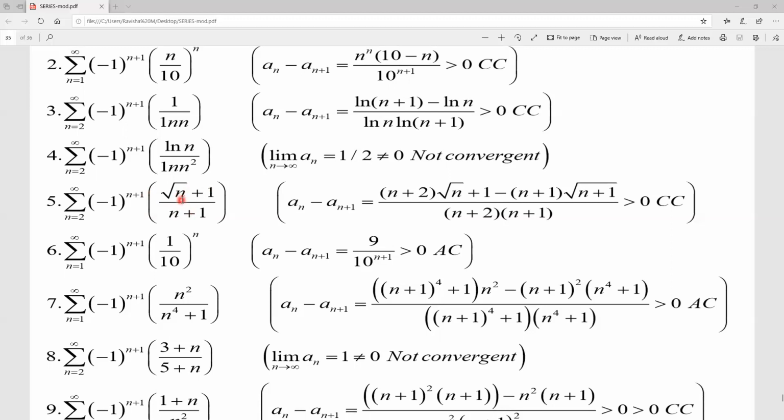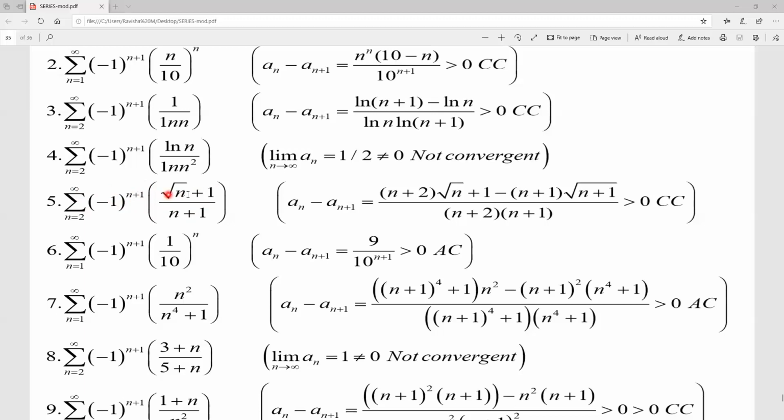The alternating series is convergent, but you have to see whether the series is absolutely convergent or conditionally convergent. Let us define the absolute series now. When you consider the absolute series, the series becomes sum of n equals 2 to infinity of square root of n plus 1 by n plus 1. Let us apply the comparison test to see whether the series is convergent or not.